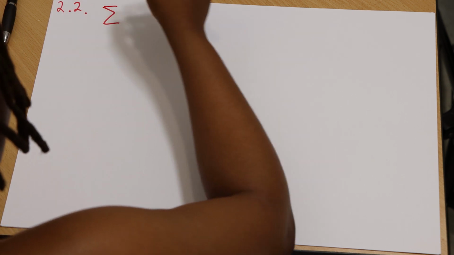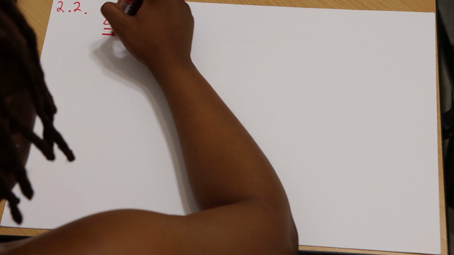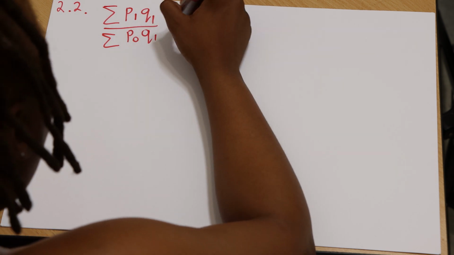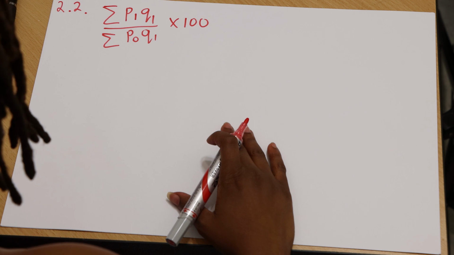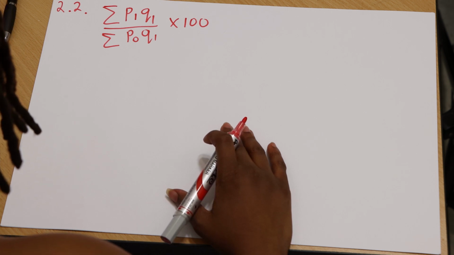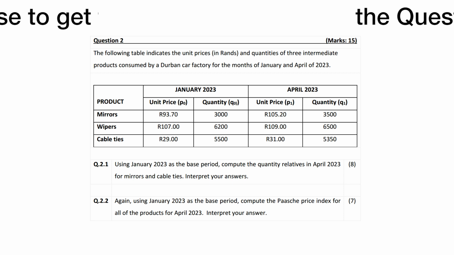So it means for this question 2.2, we have the sum of P1 Q1 divided by the sum of P0 Q1 multiplied by 100. Means first, for the sum of P1 Q1, you're going to multiply the third column by the fourth column after the products, right? Because that is the P1 Q1.